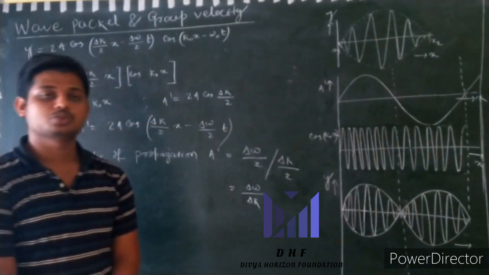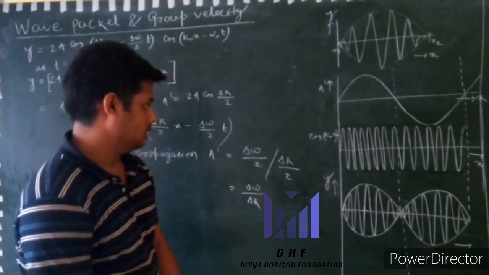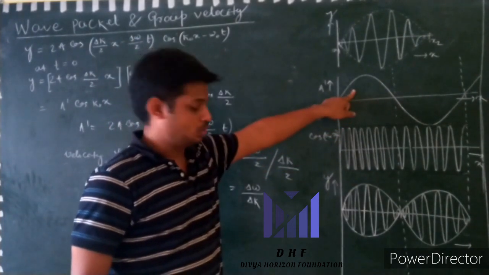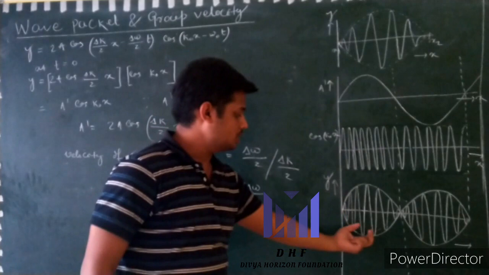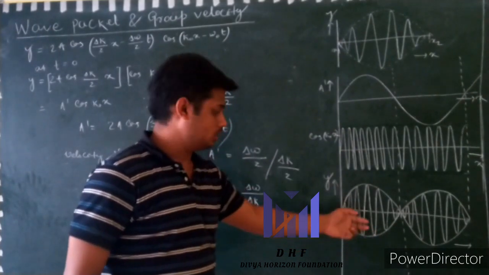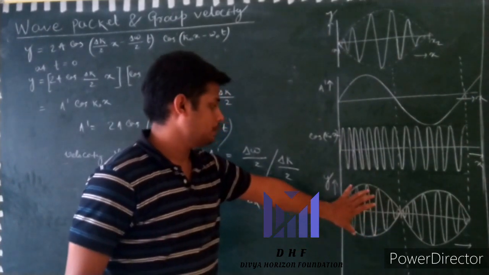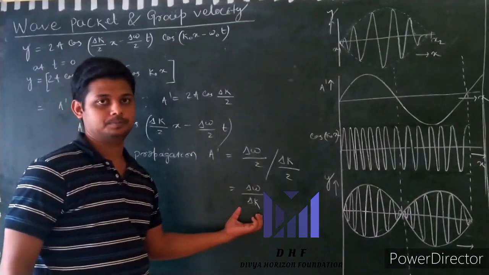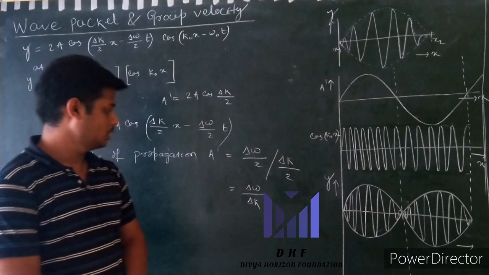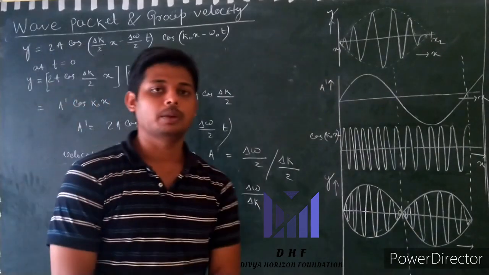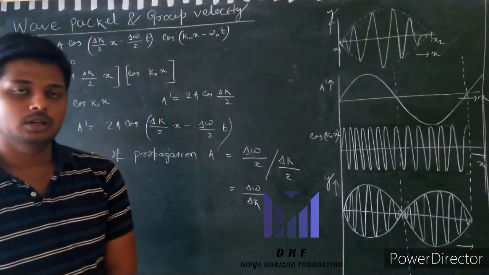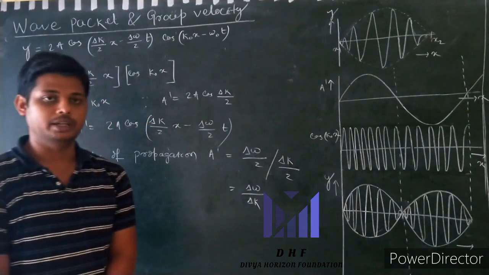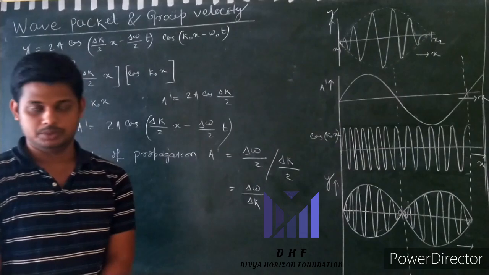And as we have discussed earlier, the second wave is guided by the first wave. So we can say that the velocity of the group or the velocity of the wave packet is equal to del omega by del k. Okay. So here we have discussed the wave packet keeping in mind two monochromatic waves.